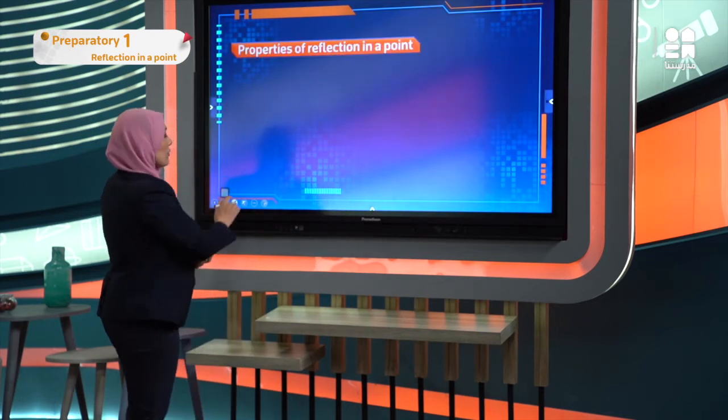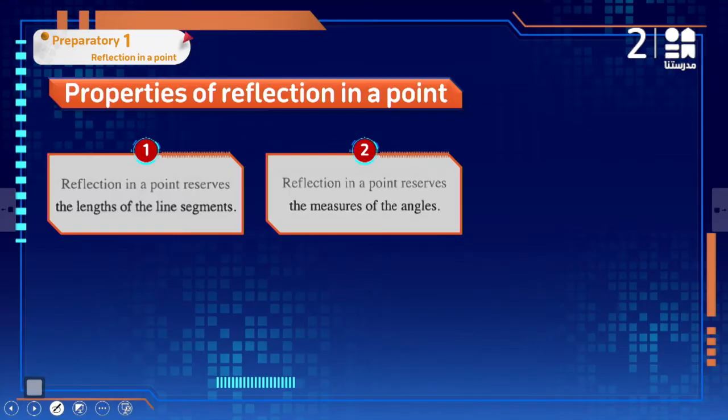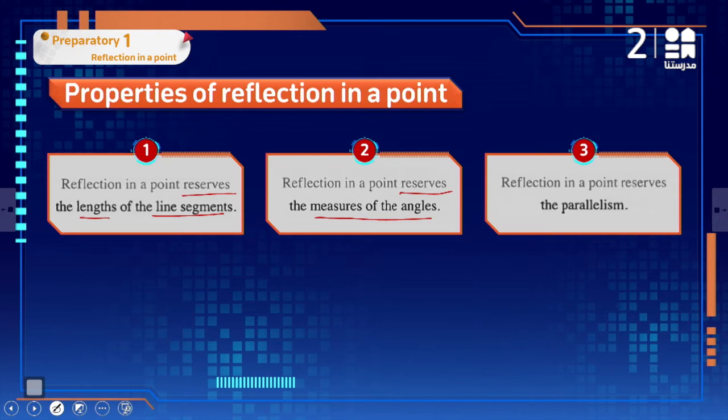The properties of reflection in a point. Number 1, the reflection in a point preserves the length of the line segment. So we have the same length. 2, the reflection in a point preserves the measures of angles. So we have the same length for the line segment, the same measure for angles. 3, reflection in a point preserves the parallelism.